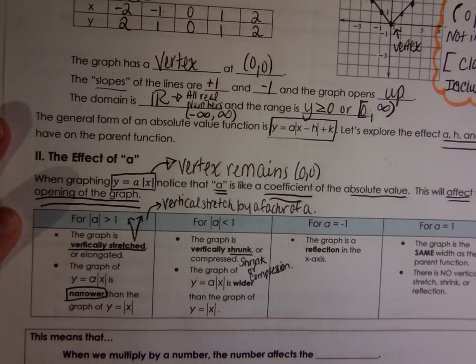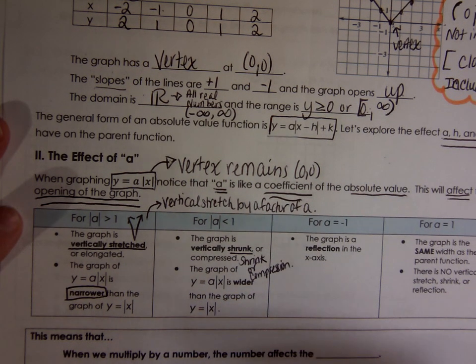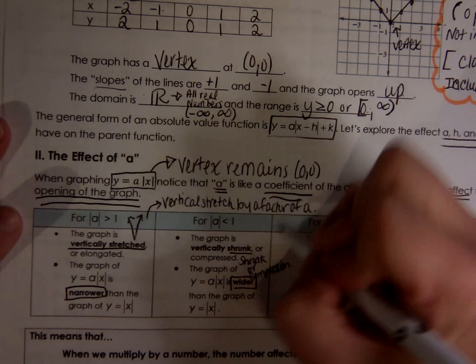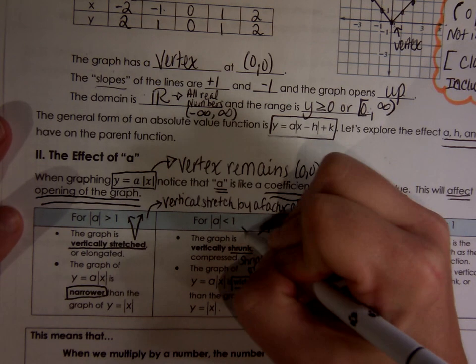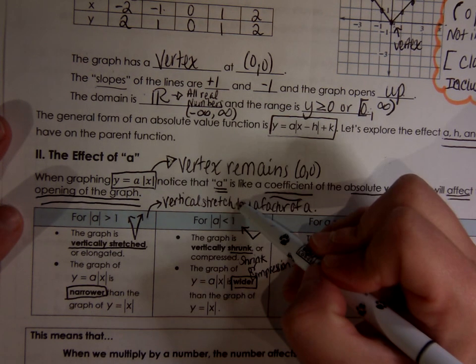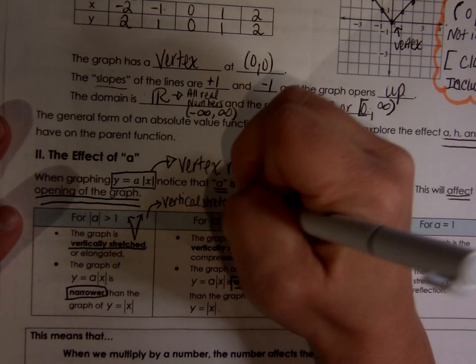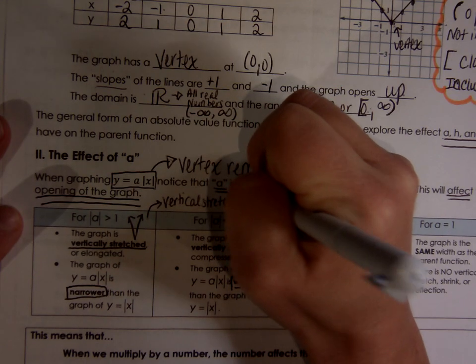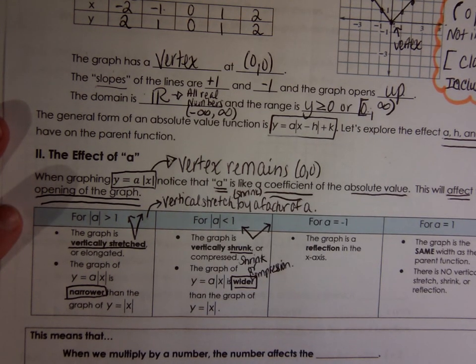And the graph of y equals a times the absolute value of x is going to be wider than that of the parent function. So you would expect to see your graph be fairly wide. The language that you would use instead of vertical stretch, you would use shrink instead. This is a vertical shrink by a factor of a.